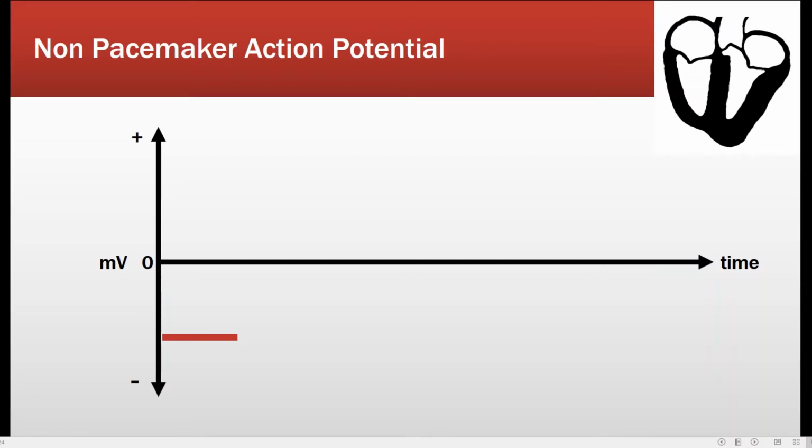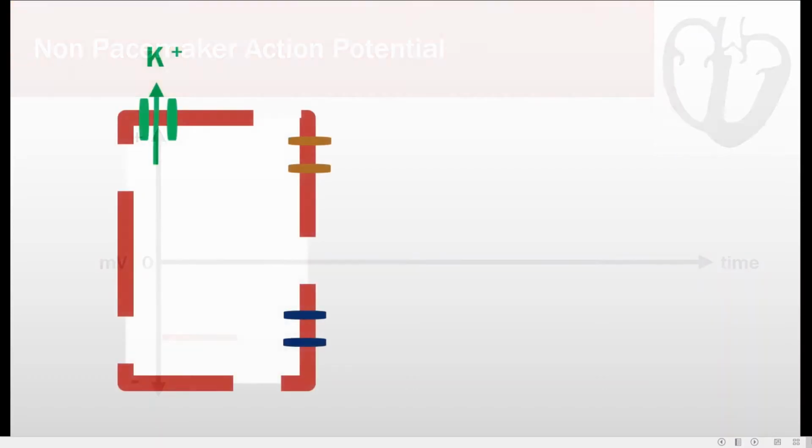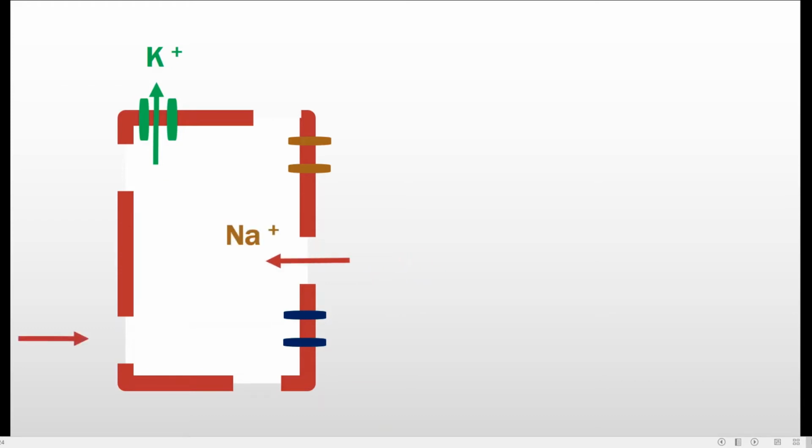This is normal. In your resting membrane potential, potassium is leaking out. The resting membrane potential here is negative 90 millivolts. Then in your gap junctions, you have sodium leaking inside your cell. The movement of molecules is from high concentration to low concentration.